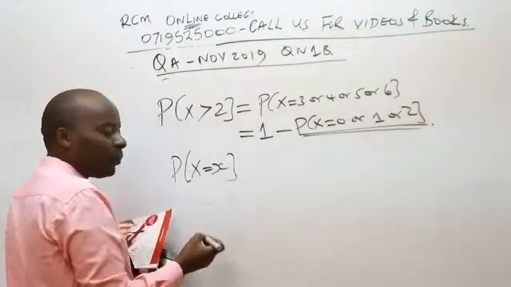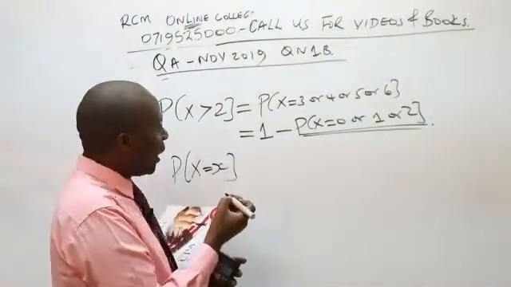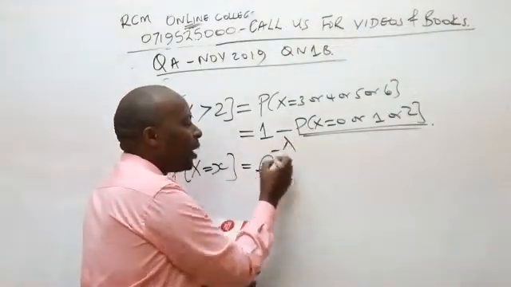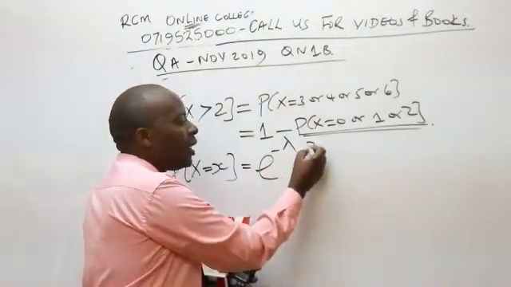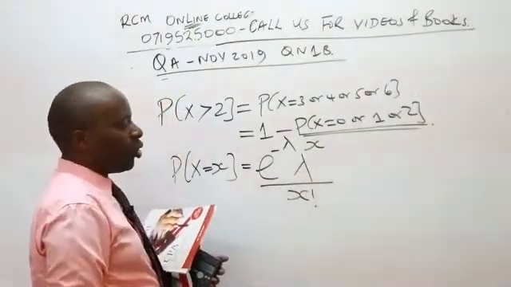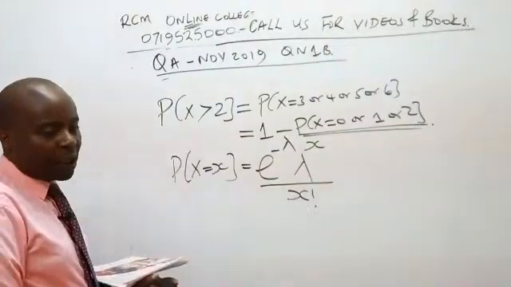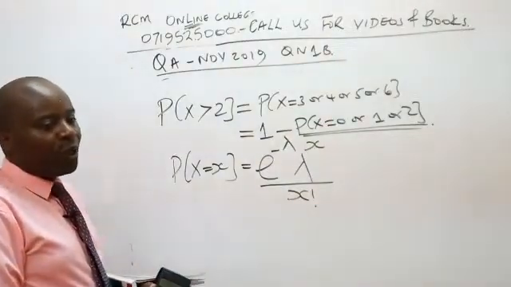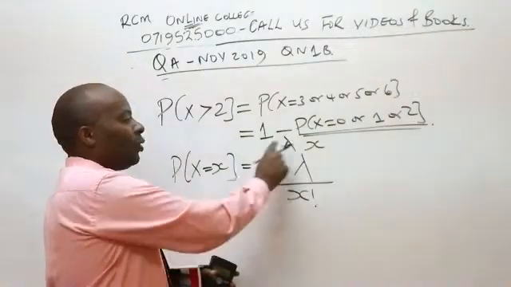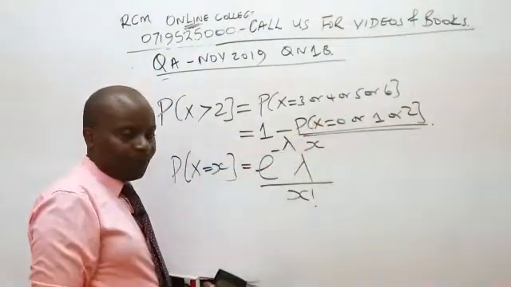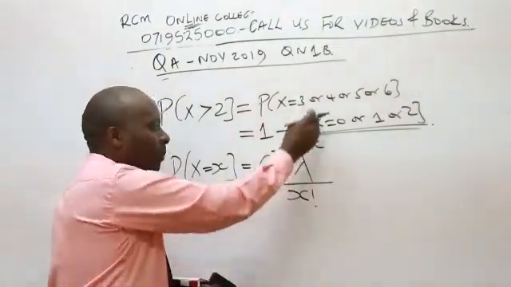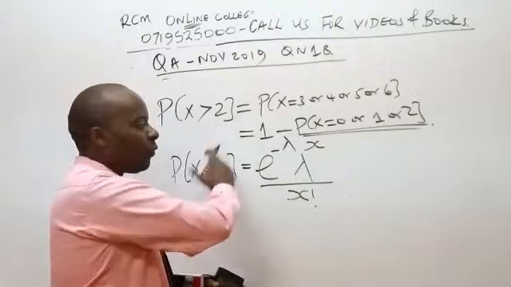Probability of capital X being equal to small x will be equal to e raised to negative lambda, lambda raised to x, all over x factorial. So then what you need to do is to get the probability of each one of these. The very best, because this e will apply to each one of them, is to factor it out.